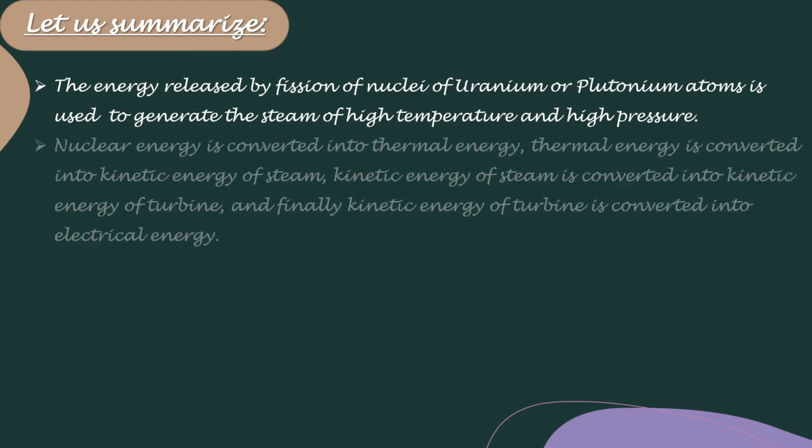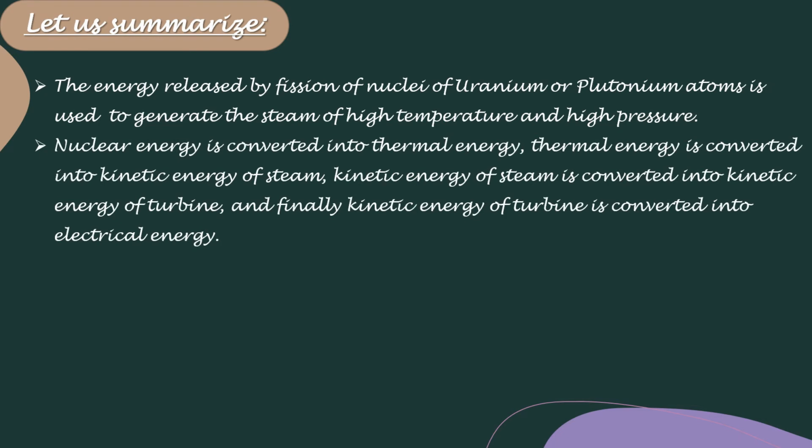The nuclear energy is converted into thermal energy. Thermal energy is converted into kinetic energy of steam. Then kinetic energy of steam is converted into kinetic energy of turbine. And finally, kinetic energy of turbine is converted into electrical energy.